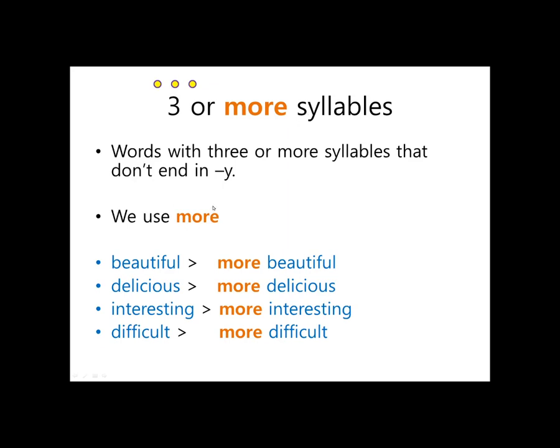This is easy. We just put more in front. More beautiful, more delicious, more interesting, more difficult. Okay, so this one's pretty easy. For three or more syllables, add more in front of the adjective.